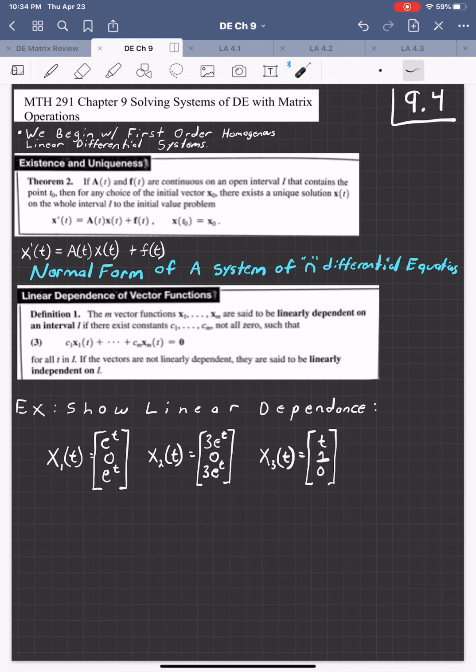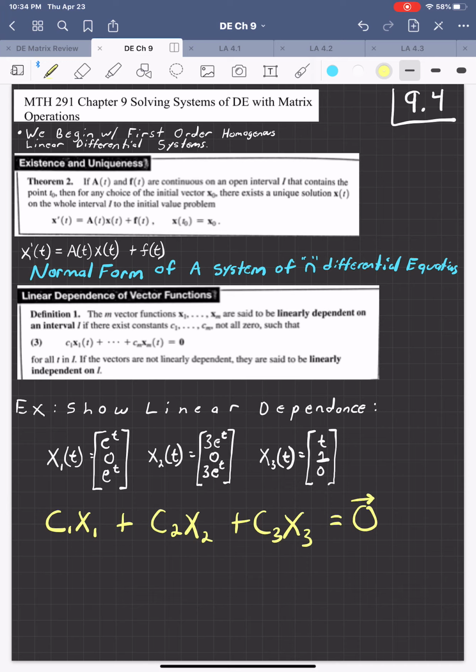In other words, let's go ahead and write this as c sub 1, some scalar attached to x sub 1, and I'll leave out the of t just so it doesn't get cluttered. Then this would be plus c sub 2 x sub 2, plus c sub 3 x sub 3, and that is going to equal 0.